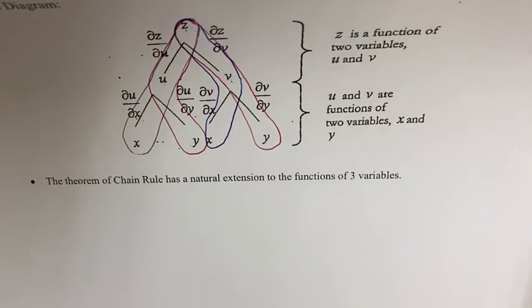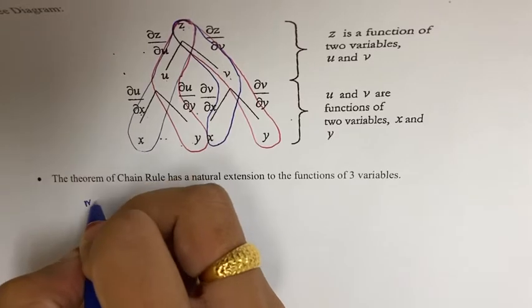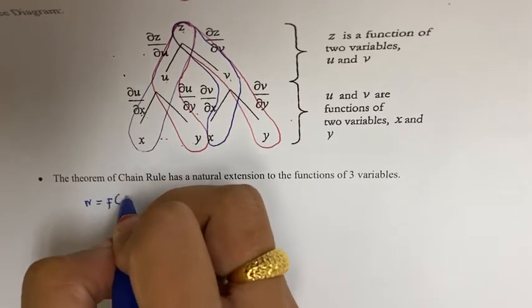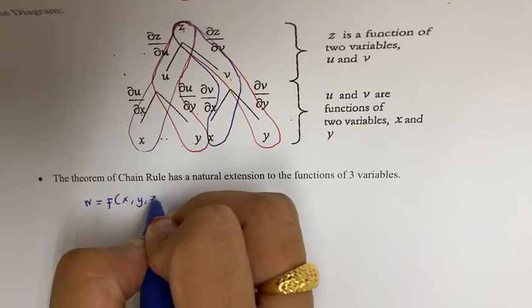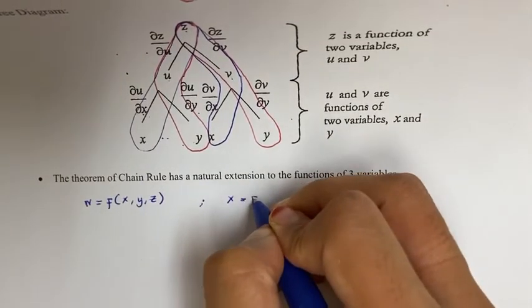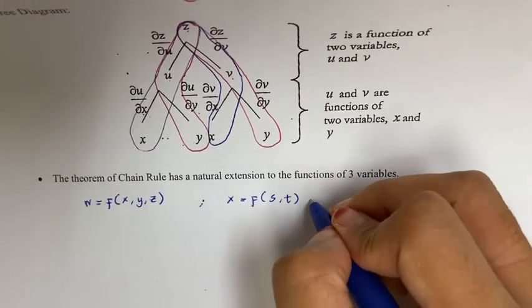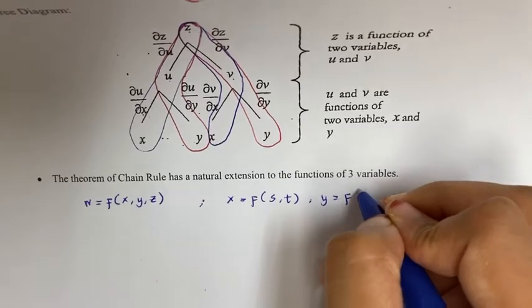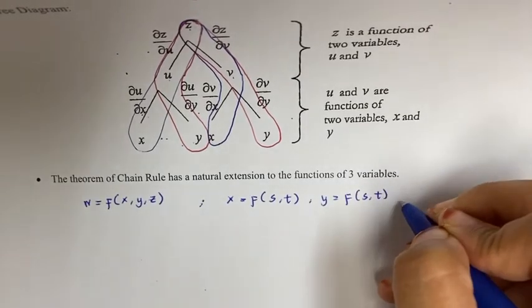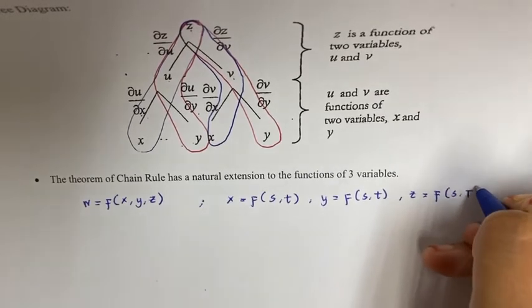Next, the theorem of chain rule has a natural extension to the function of three variables. So for example, you have w, where w is a function of x, y and z. You have x is a function of, let's say, s and t, y also a function of s and t, and then z is a function of s and t.